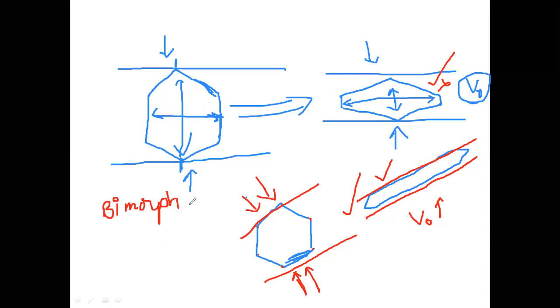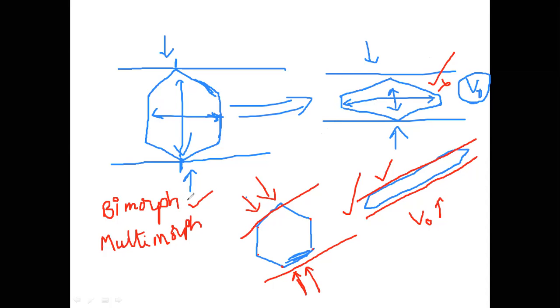If I combine more than two crystals, then it is called multimorph. So I may apply force on the face or vertex, and deformation will be the deciding factor to get the output voltage.